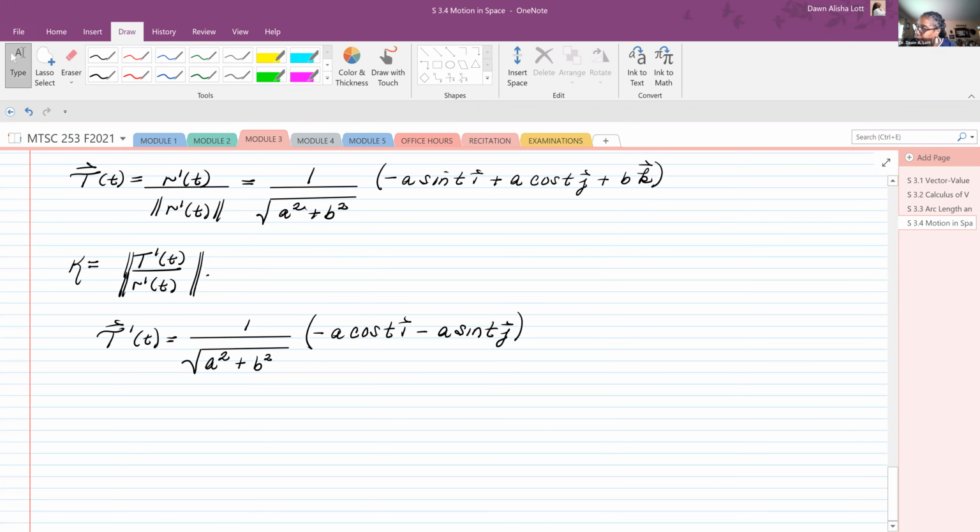So therefore kappa, now I need to find T prime of t over the absolute value of r prime of t.